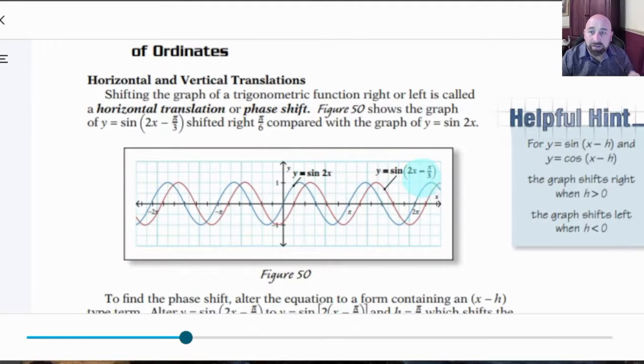Well, that's another translation. And again, what they've done is they've taken the entire graph and they've just moved it a little bit to the right. All right. So how did that happen? Why did that happen? That's what we're going to talk about in this class. But it's called a horizontal translation, or they also call it a phase shift.